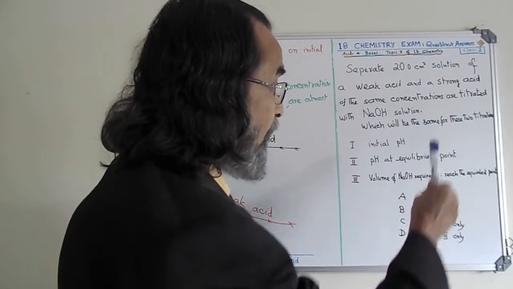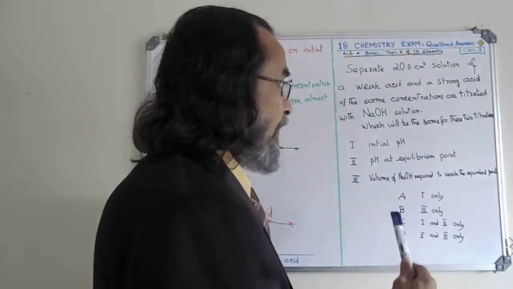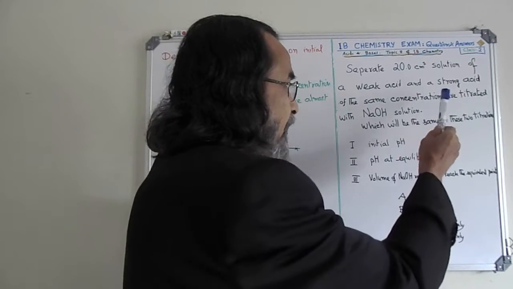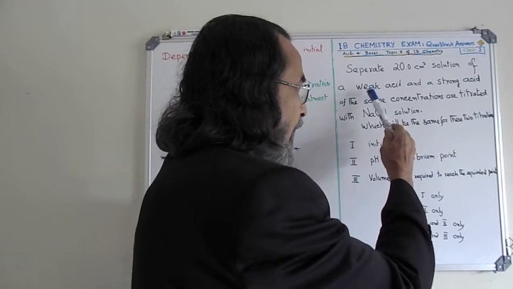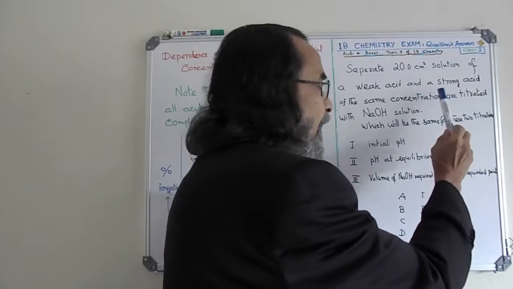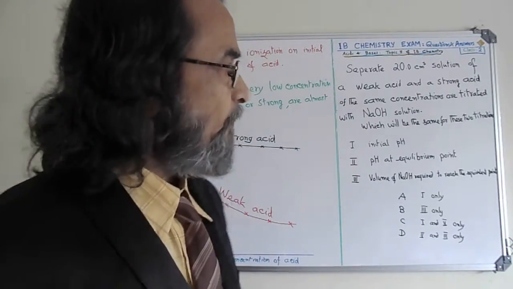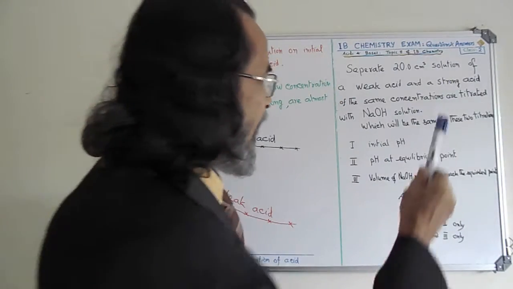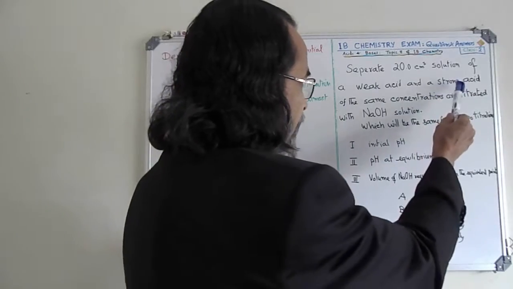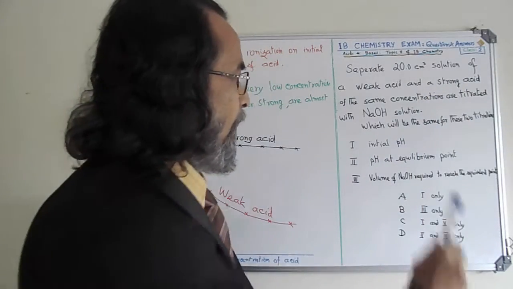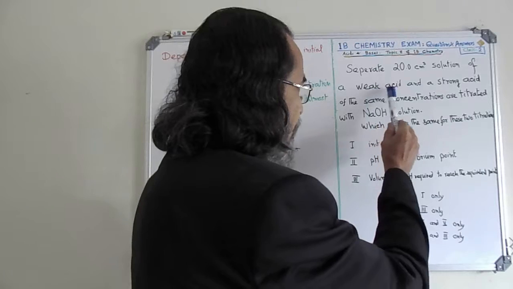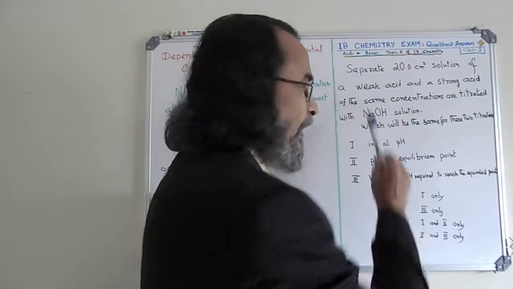Less than 7 will be acid, and 7 and above will be bases. So lesser the pH, stronger the acid. And if it is closer to 7, that will be the weakest acid.